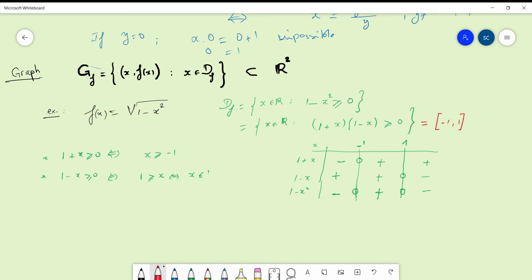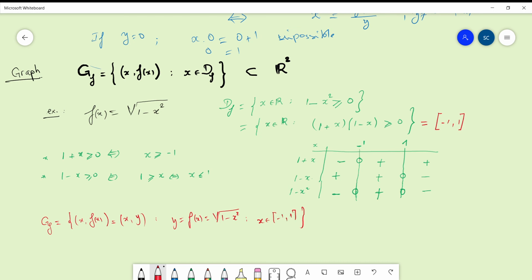Okay, what about now the graph? Let's do the graph. The graph of f will be the set of xy with y equal to f(x), which is the square root of 1 minus x2, and x is between minus 1 and 1.